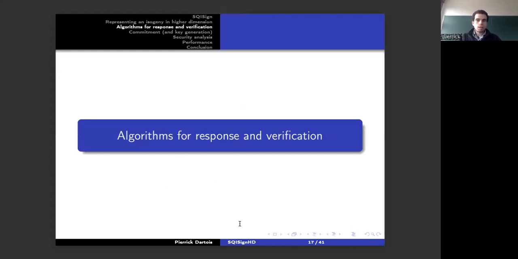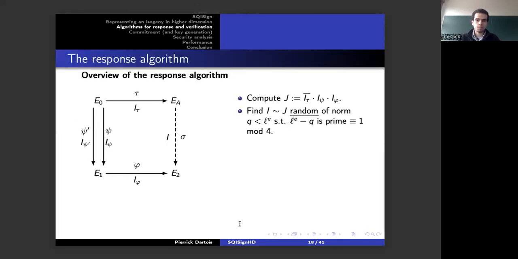So right now, let's get back to dimension 4 and present the algorithms for response and verification in dimension 4 specifically. So as in SQISign, for the response algorithm, we use the Deuring correspondence.